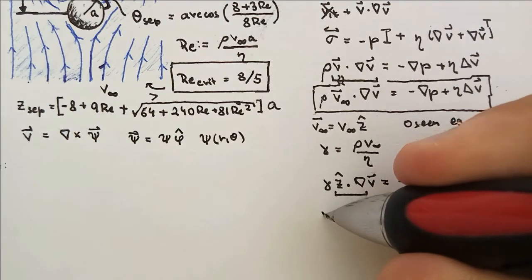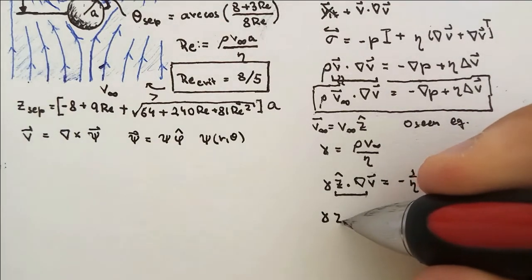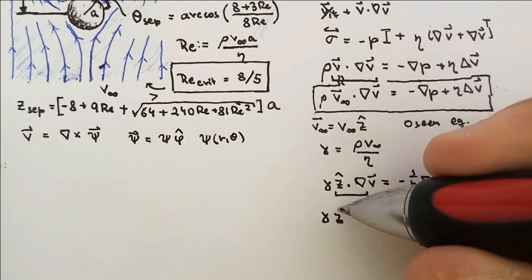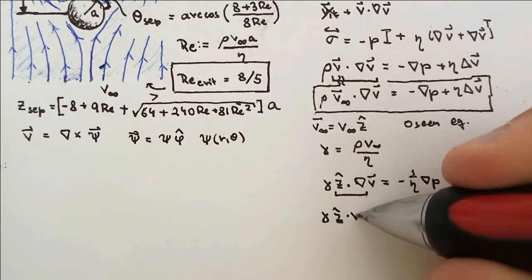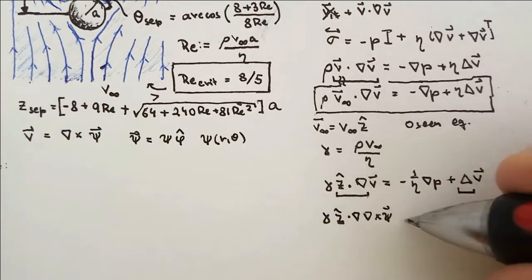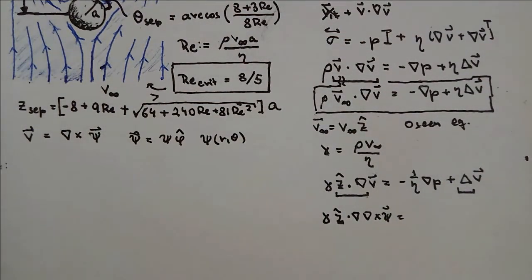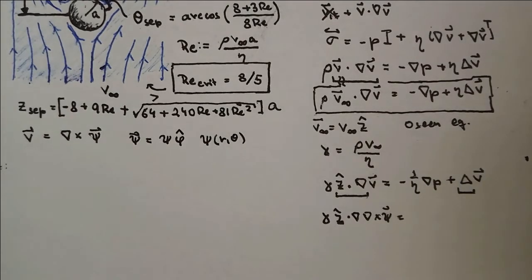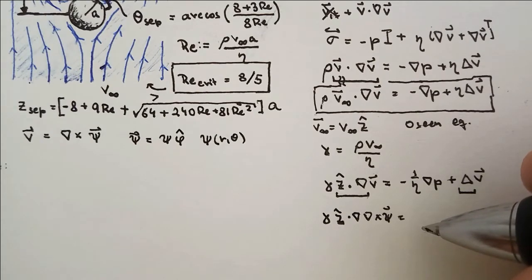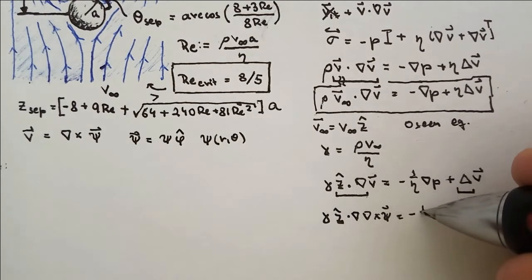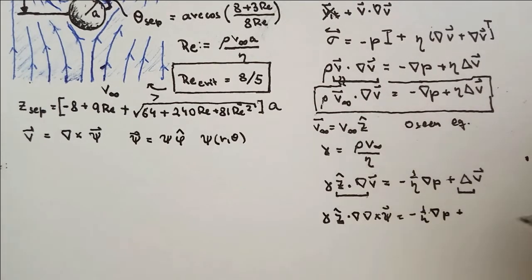So this is going to be gamma z, and if we substitute in this gradient of psi, we have to first, I think I forgot something. No, I didn't forget something. So this is going to be this, the pressure is here, so this is the Laplacian of v.